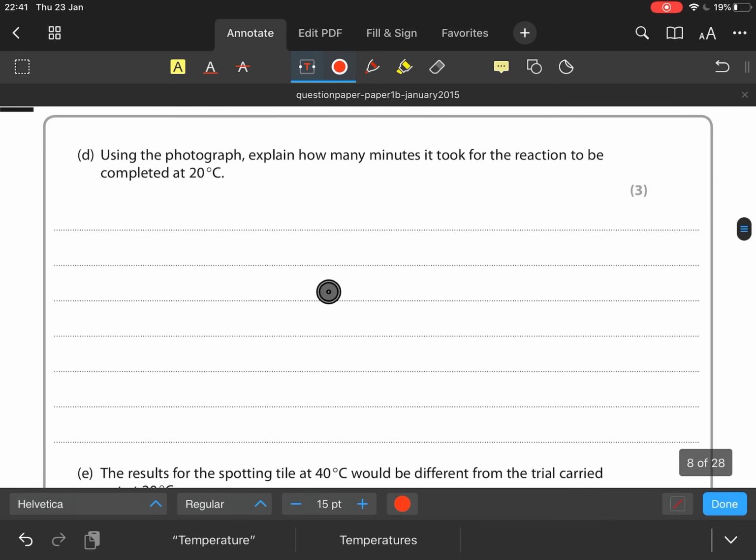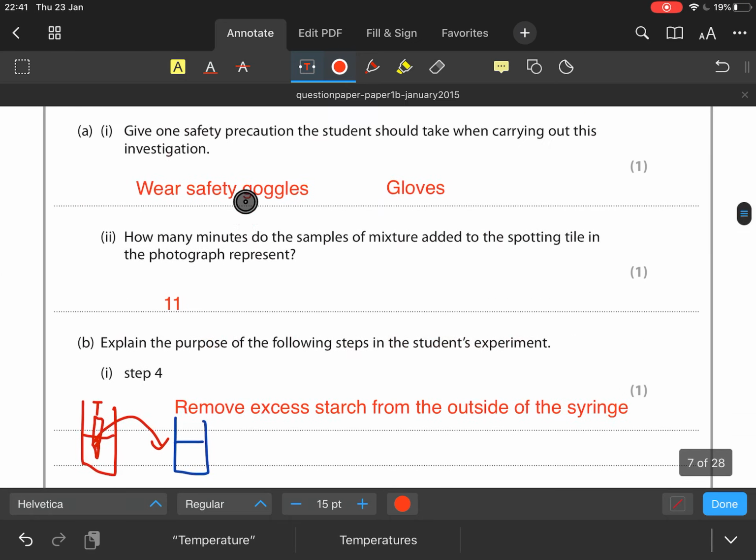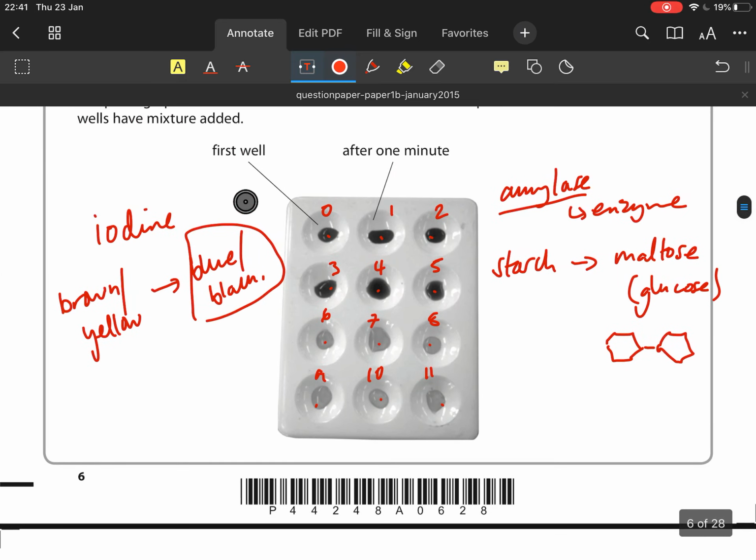Okay, carrying on down. Using the photograph, explain how many minutes it took for the reaction to be completed at 20 degrees C. Let's remind ourselves. So 1, 2, 3. After between 5 and 6 minutes, starch was still present at 5, but at 6, there's no starch present because the iodine has not changed from this browny yellow colour to the blue-black.